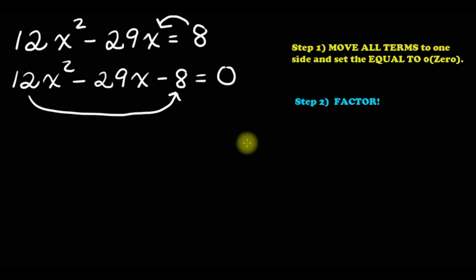So what's A times C? Here we have AC is going to be negative 96, 12 times negative 8. So now we have to come up with 2 numbers that when we multiply, we get negative 96, but when we add those 2 numbers, we get what B is, negative 29.